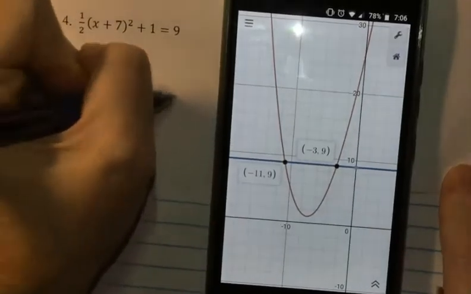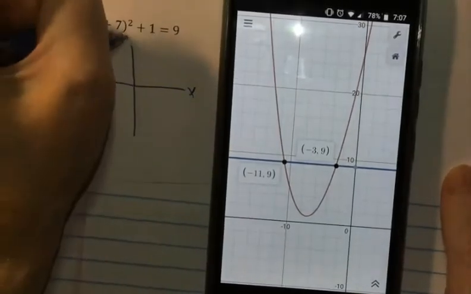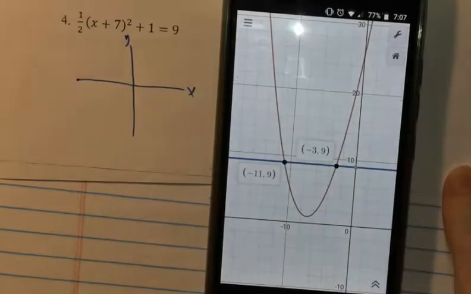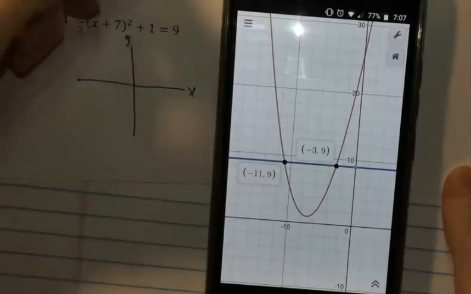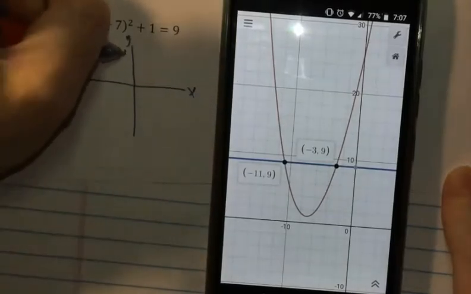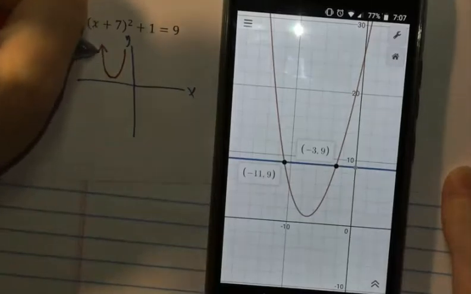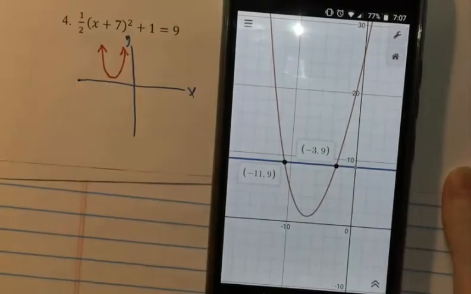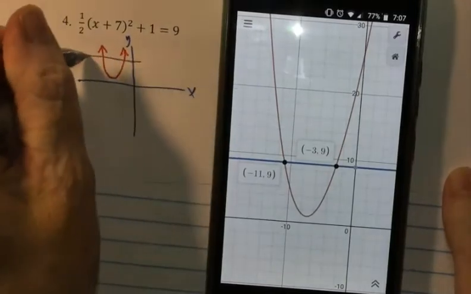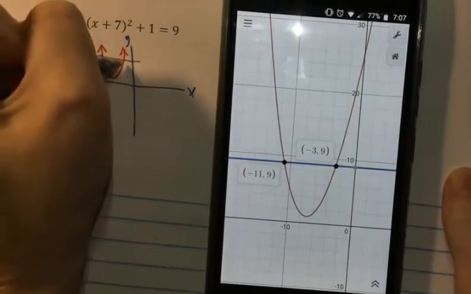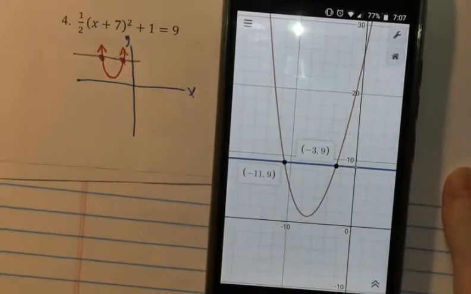So I'm going to make a real quick sketch of what I'm seeing. So I have a parabola, and it is not crossing the x-axis. That's kind of interesting. So it's over here, and then it's got a horizontal line up at the 10, so I'm going to draw a horizontal line up here somewhere. And then I'm going to label these two points of intersection.